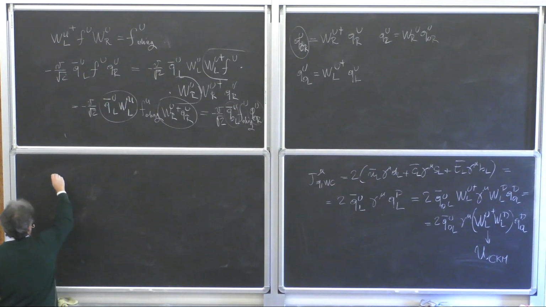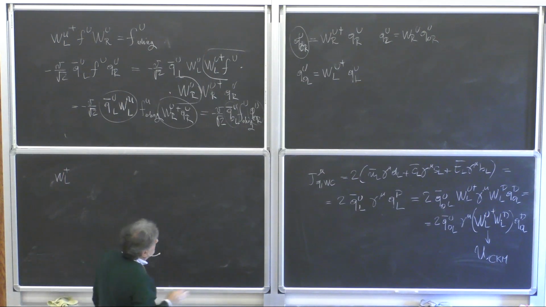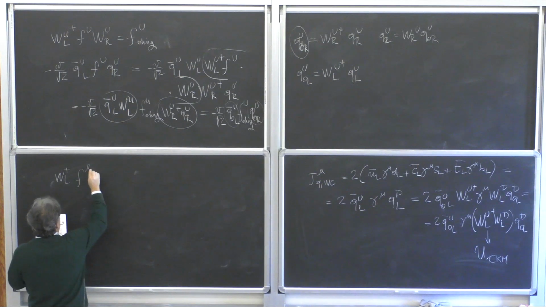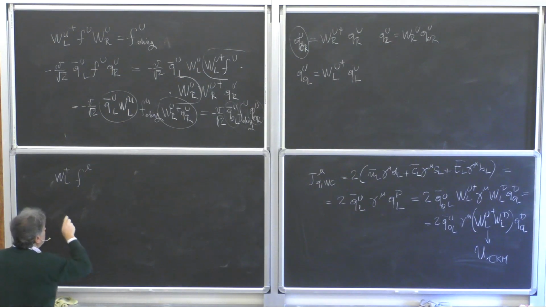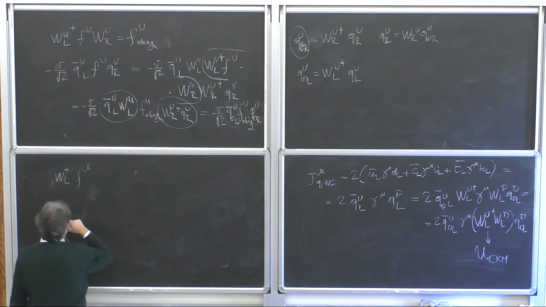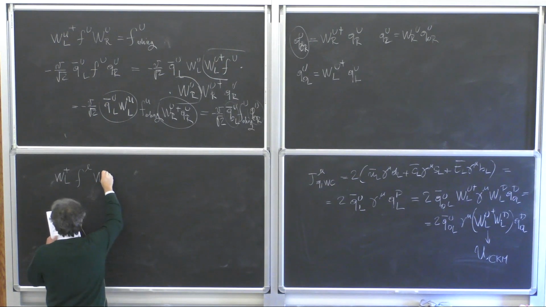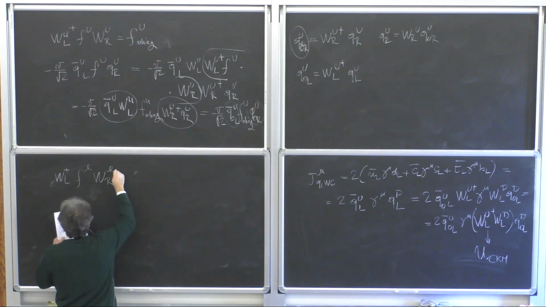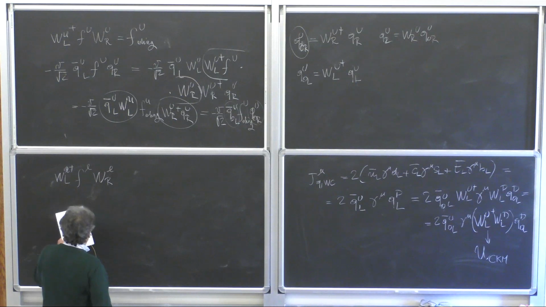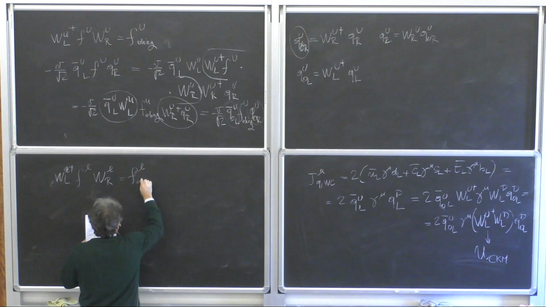For leptons, I could write for F_L, the matrix that appears for the leptons, for the electron, mu, and tau, a bi-unitary transformation, L is for lepton, that is diagonal, F_L diagonal.